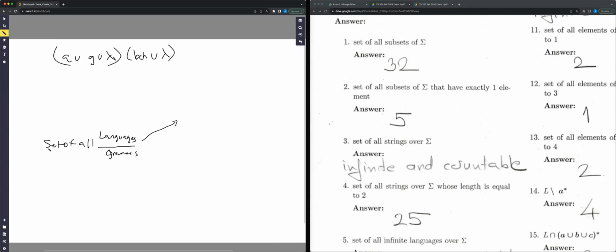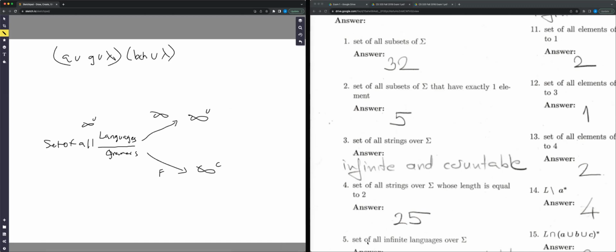The set of all languages or all grammars or anything is either infinite or finite. If it's infinite, then there is an infinite and uncountable number of them. If it's finite, then it's infinite and countable. And if it's the set of all of them, that means it's a combination of both, which means the set of all languages or all grammars is infinite and uncountable.